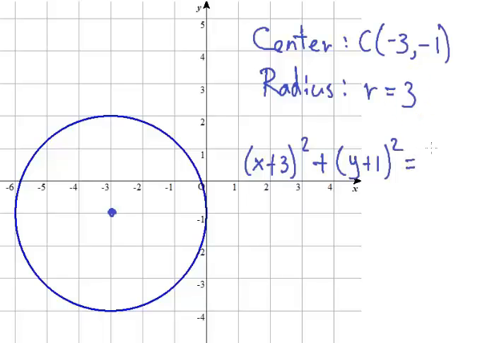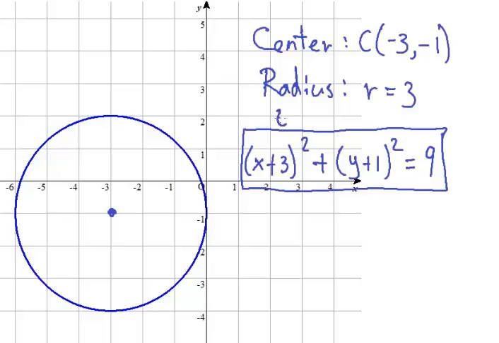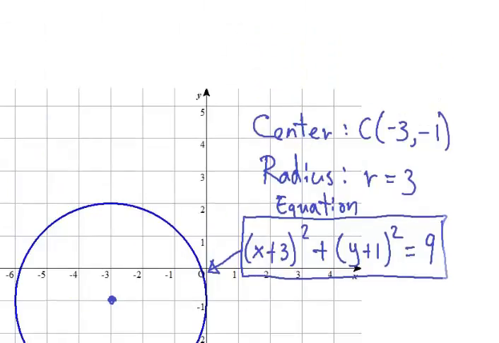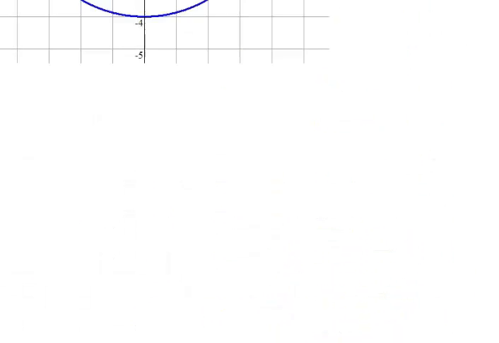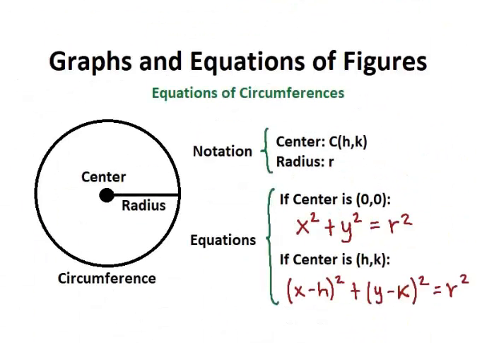So 3 squared gives me as an answer 9. So the equation of this circumference will be x plus 3 squared plus y plus 1 squared equals 9. This process is basically the one that we use to find circumferences and their equations.